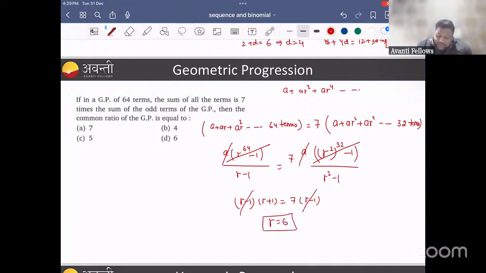So your r is 6. This is your correct answer. Common ratio of the GP is 6. Am I clear?